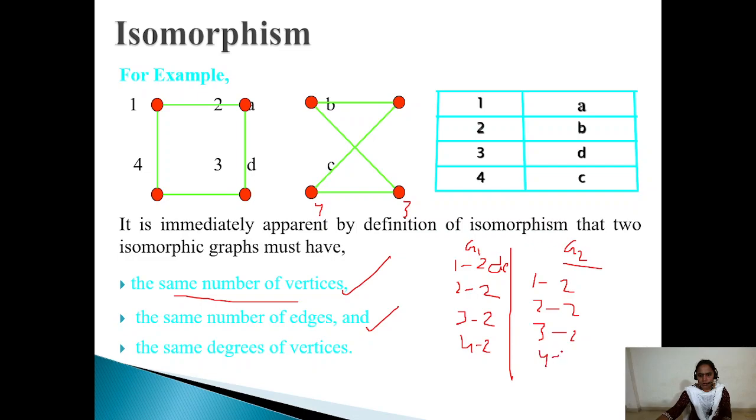So this is also the same. So this is an isomorphic graph.